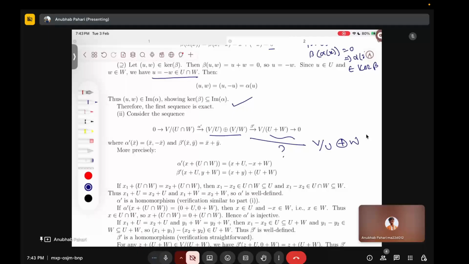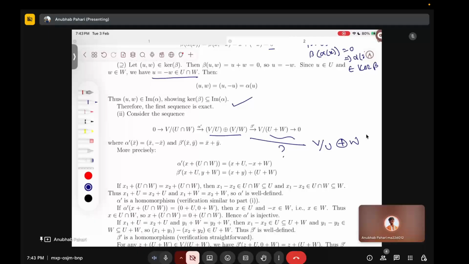I'm not sure. I cannot say no, I cannot say yes. We have to check. First, we have to consider how the map would look if we want to say it is an isomorphism as modules.